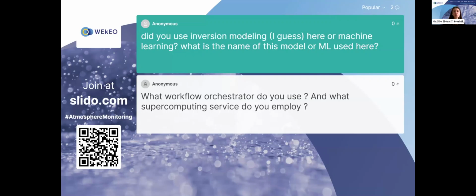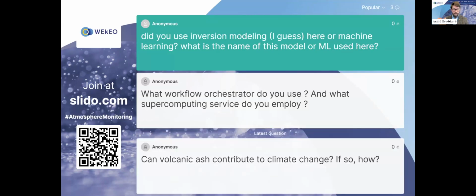Did you use inversion modeling here or machine learning? What is the name of this model or machine learning used here? Yeah, so this is where the magic sauce is hidden, right? This is not machine learning. It's a traditional inversion, so it's based on least squares inversion. When you formulate your least squares, it has to be in some sort of basis, and the basis here is important.